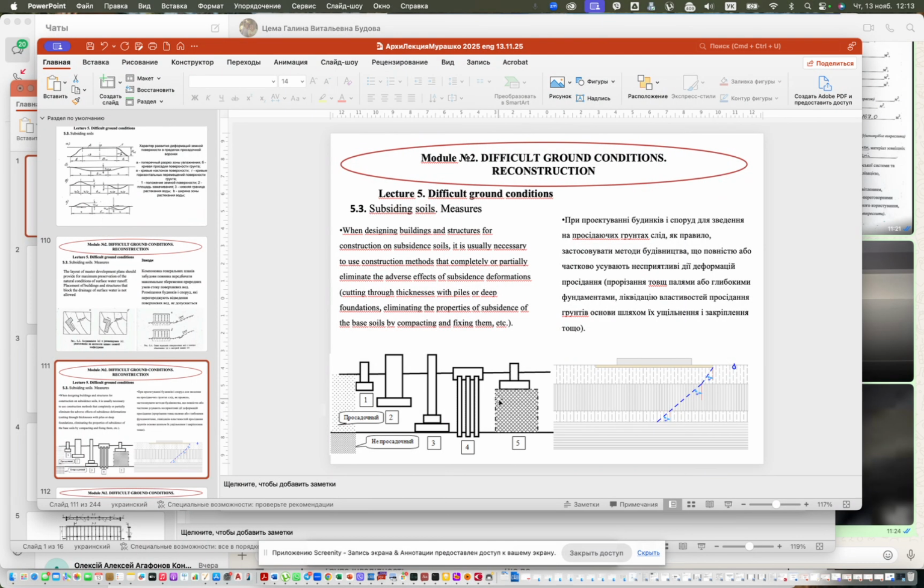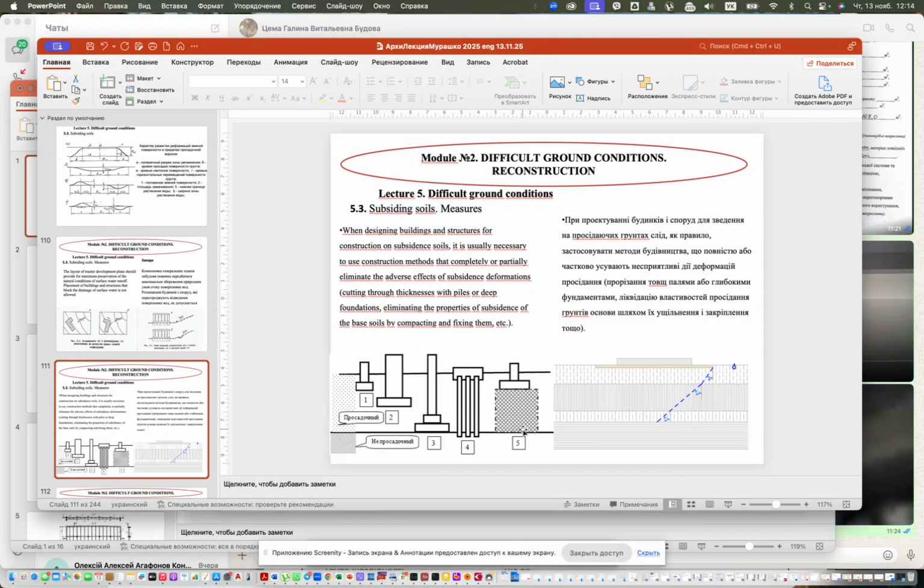So we can collect all the subsiding ground from this location, move it to another place, and replace it with good, unsubsiding soils. It is also a good method, but it's really expensive. Also, we can use something like the stamping method.